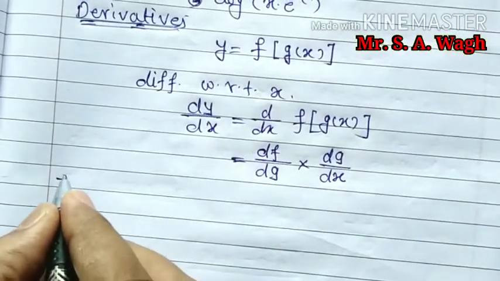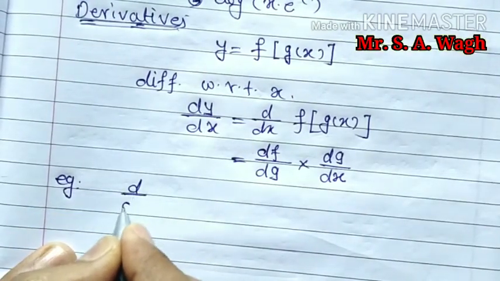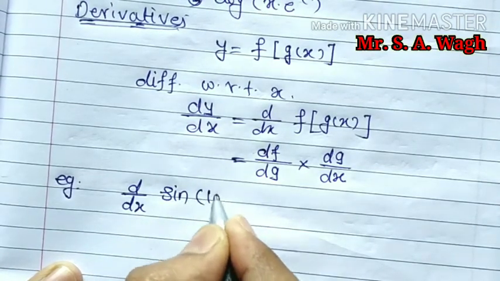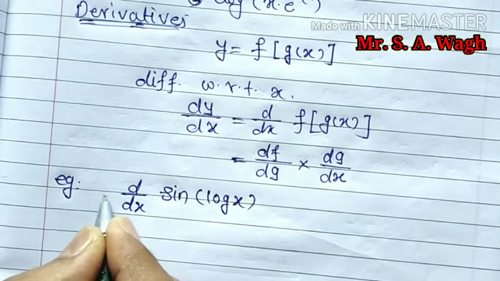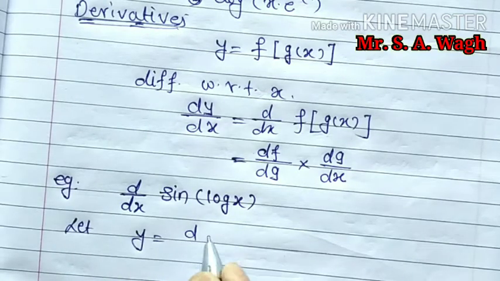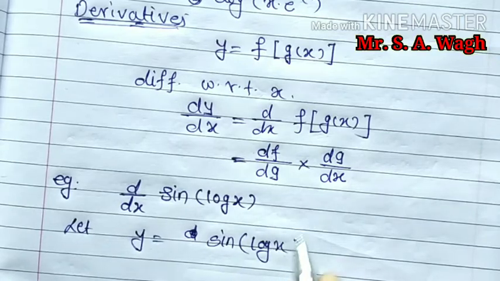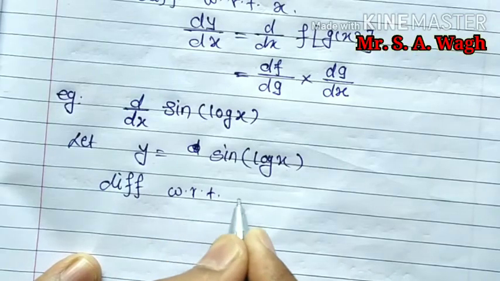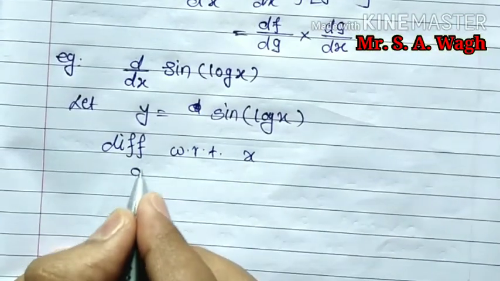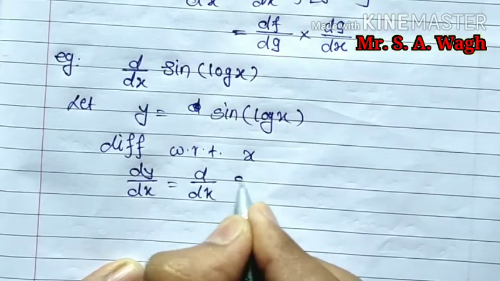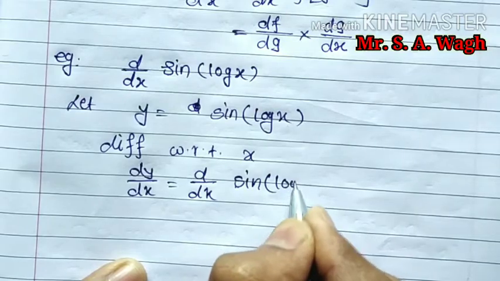For example, let me find the derivative of sine of log of x. Let y equal sine of log of x. If you differentiate this with respect to x, one side will be dy by dx and the other side will be d by dx of sine of log of x.